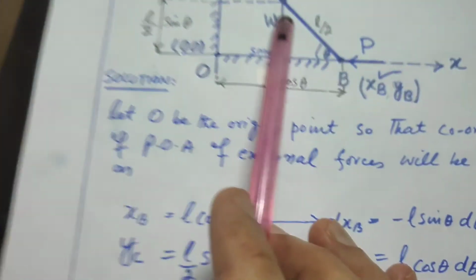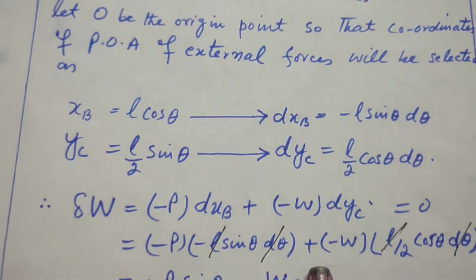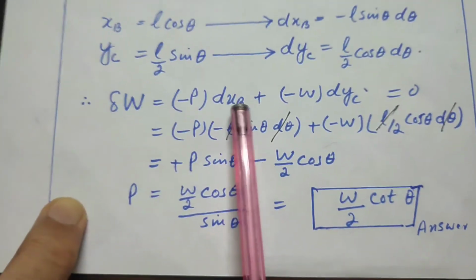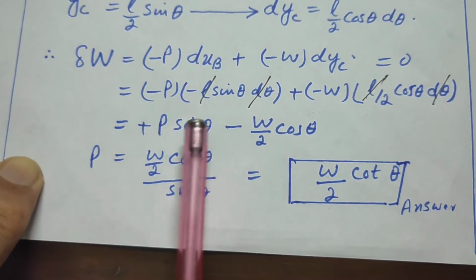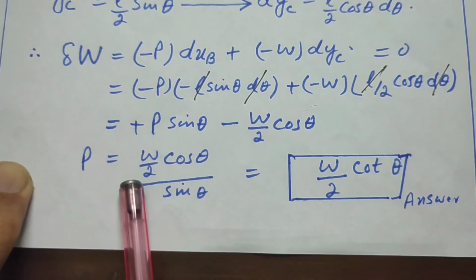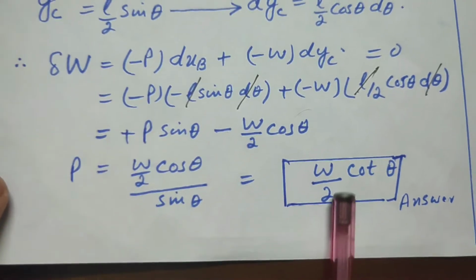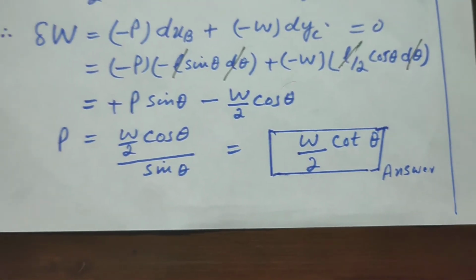W is this force and dyc is this value. Putting the value of virtual displacement dxb here, dyc here, and simplifying, P will be equal to W by 2 cos theta by sin theta, equal to W by 2 cotangent theta. If we have a value of theta and W, we can calculate the value of P.